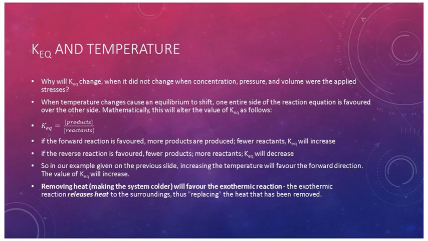If the reverse reaction is favored, there are fewer products and more reactants, so the K equilibrium will decrease. In our example on the previous slide, increasing the temperature will favor the forward direction and the K equilibrium will increase. Removing heat, or making the system colder, will favor the exothermic reaction, which releases heat into the surroundings, thus replacing the heat being removed.